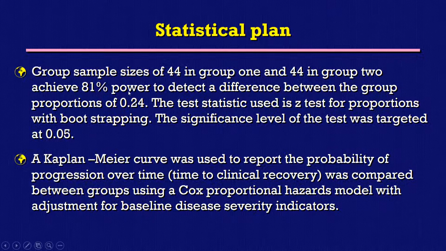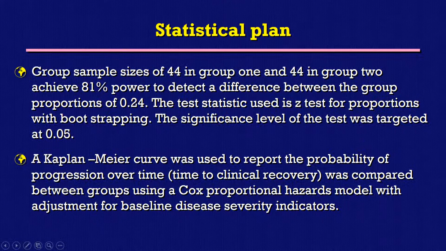Statistical plan. Group sample size of 44 in group 1 and 44 in group 2 achieve 81% power to detect a difference between the group proportion of 0.24. The statistic used is Z-test for proportions with bootstrapping.